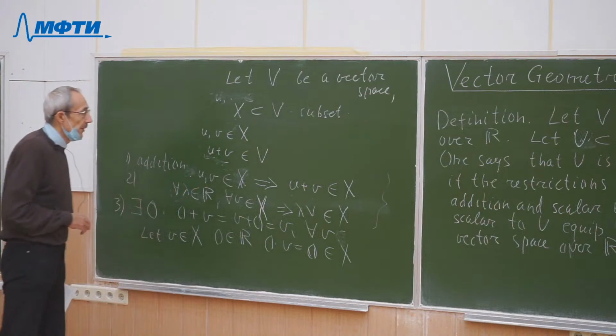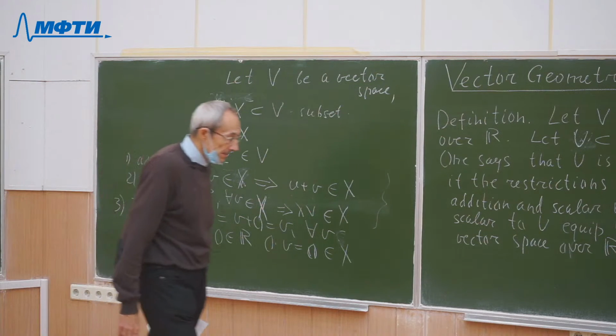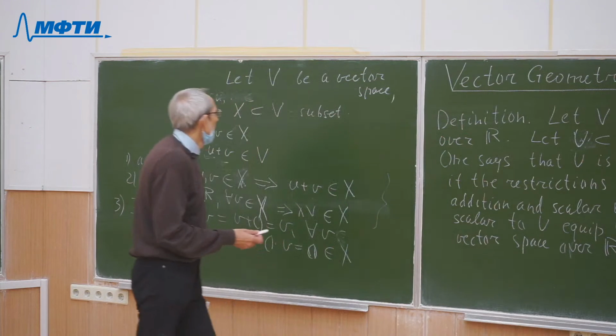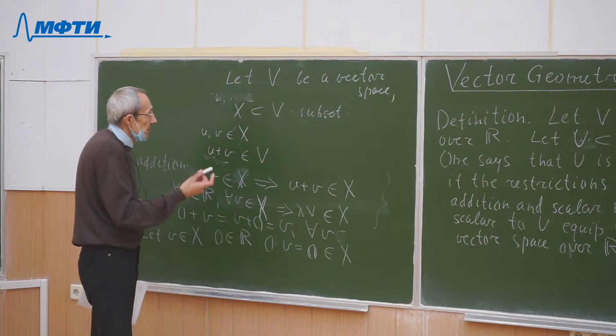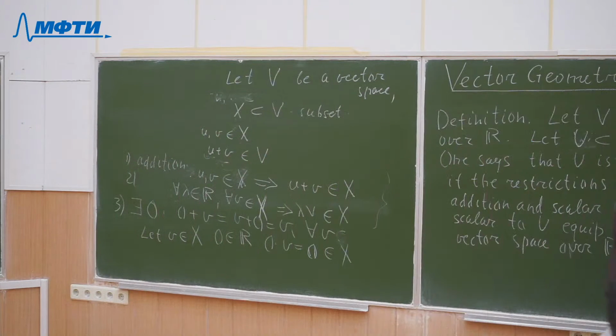This is an example of reasoning for the conditions which define the notion of vector space. More precisely, we can formulate a strict proposition, a theorem.